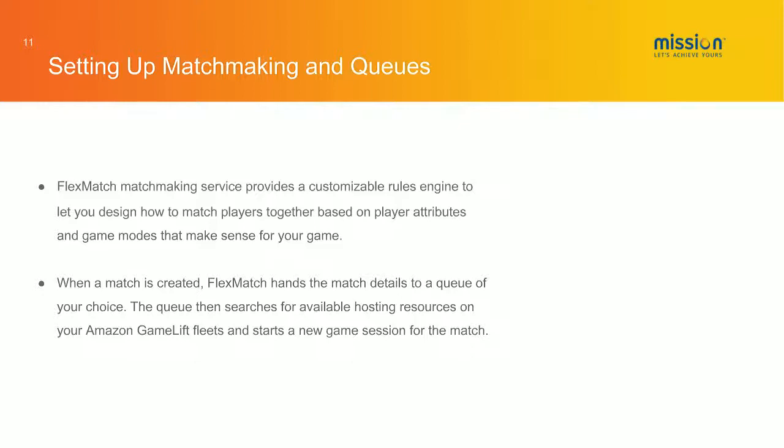So if you wanted to match players based upon their skill levels and ability, you can define that in your matchmaking rule set. If you wanted to match players based upon their location, you can use that in the rule set as well. So it's really up to the operator to define what the matchmaking rule set is, but it's essentially just a component of the service which allows you to define that outside of the application code.